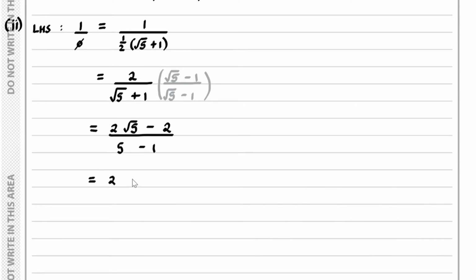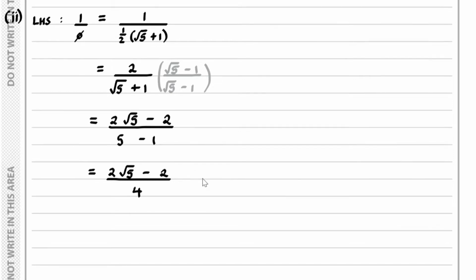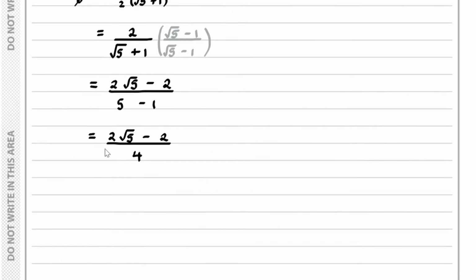So we've got 2 root 5 minus 2 divided by 4. So we've got here 2 over 4, which is a half. So we end up with 1/2 times root 5 minus 1.